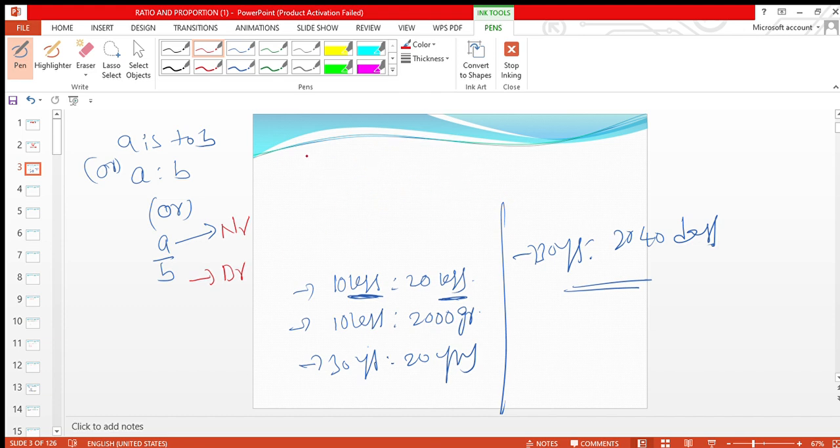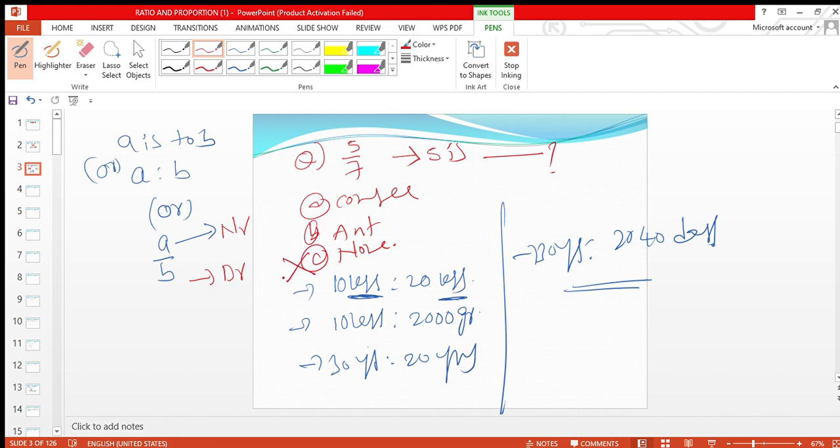See, my first question: in 5 by 7, 5 is called as dash. Option A consequent, option B antecedent, option C none of these. Which one is correct? None of these is 100% wrong.